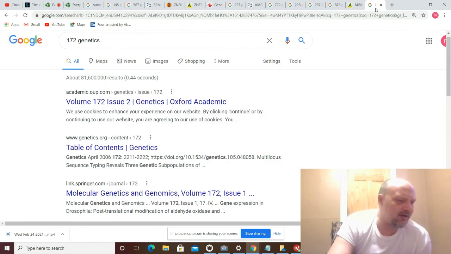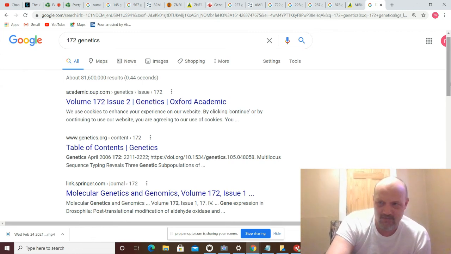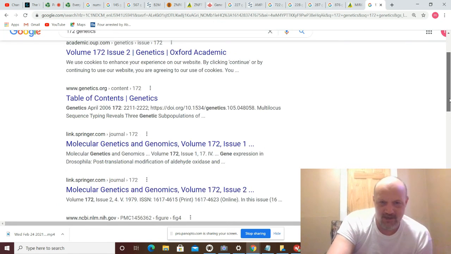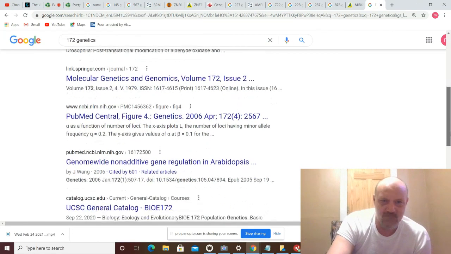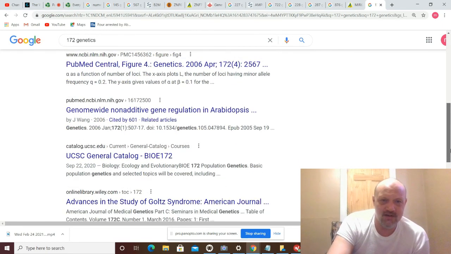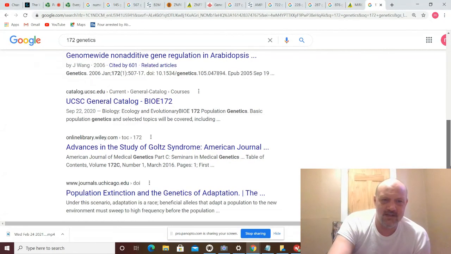And if you move on from that, you have 172, which ends up being Volume 172, Issue 2, Genetics at Oxford Academic. You also get Molecular Genetics and Genomics, Volume 172, Issue 1. Molecular Genetics and Genomics, Volume 172, Issue 2. So you get a few things. UCSC Central Catalog, 17E172.